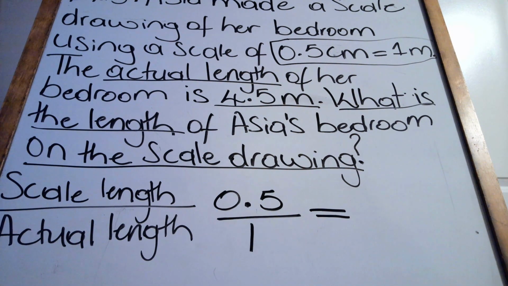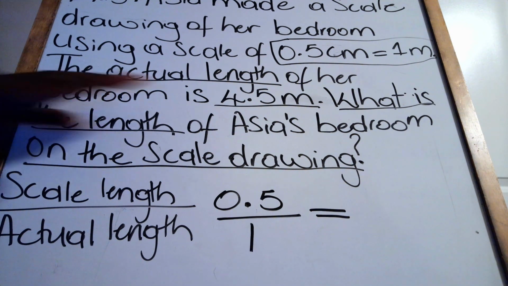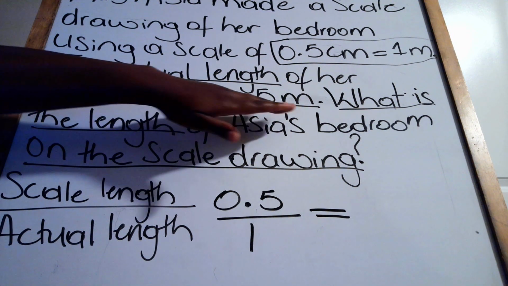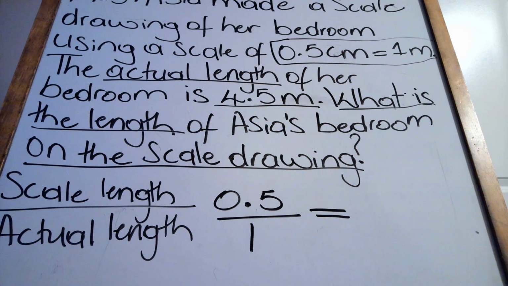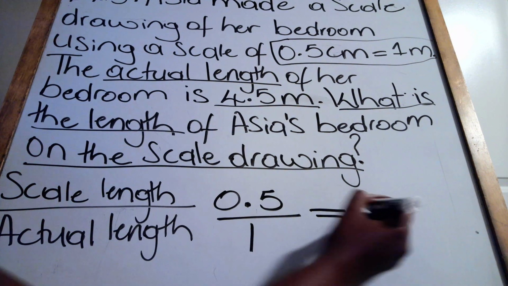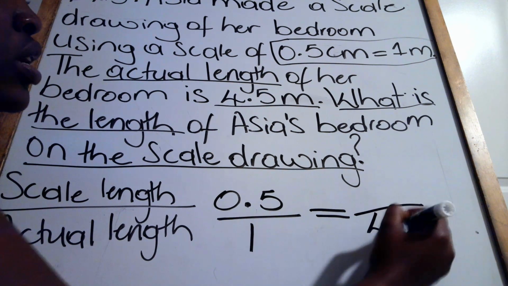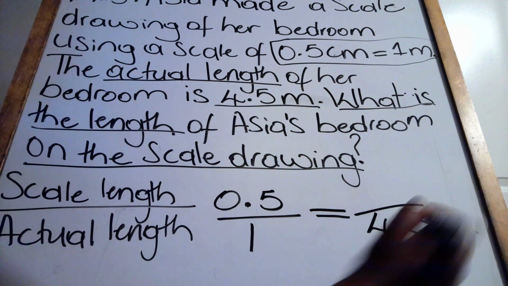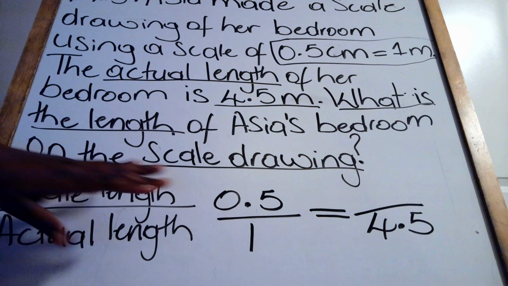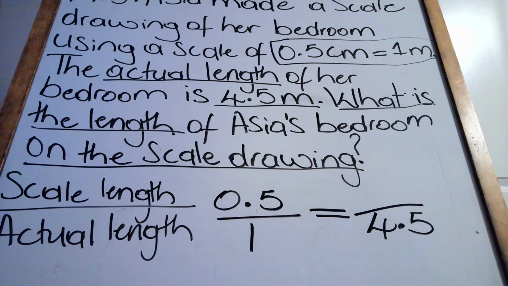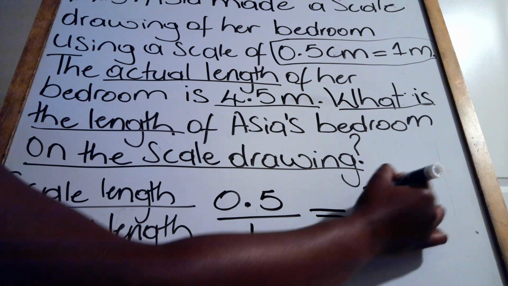The actual length of her bedroom is 4.5. Where does the actual go? Actual goes in the denominator. So 4.5 is going to go in the denominator. The question asks us to find the length of Aisha's bedroom on the scale drawing. So this time we want to find the scale length.